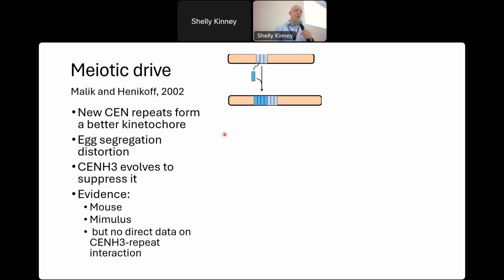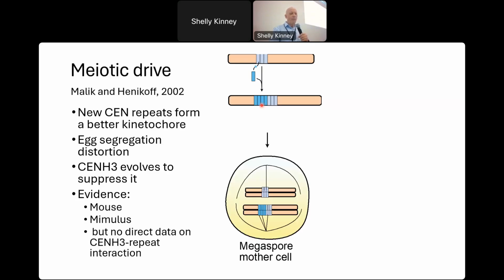And the way it might do so is by the formation of abnormal centromeres in which a repeat present normally has changed its sequence, it expands, and it creates a super centromere. Now, this super centromere may interact better with the spindle, and with SNH3 and the kinetochore and the spindle, therefore, form an aberrant segregation.